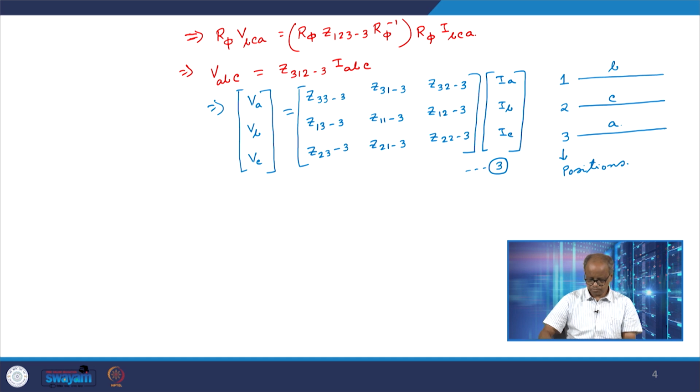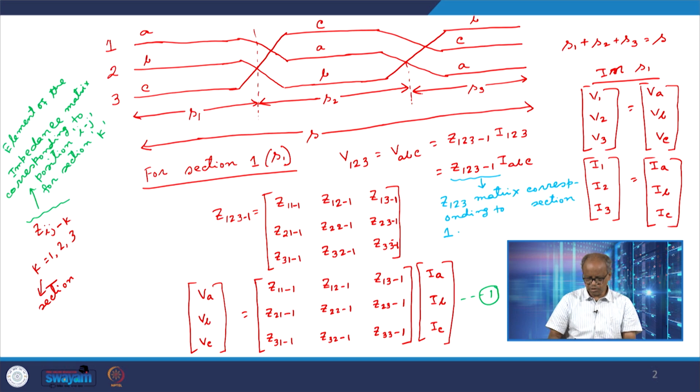So you see now, equation 1 gives the relation between voltage and current for section 1. Equation 2 gives the relation between voltage and current in section 2. Equation 3 gives the relation between voltage and current in section 3.